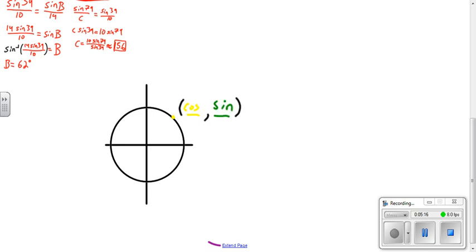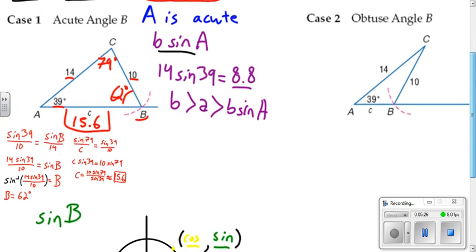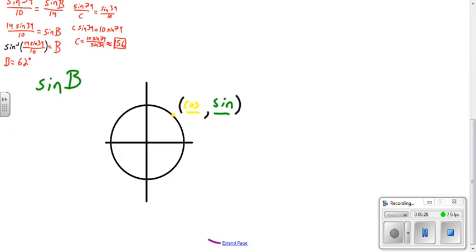Now, if we wanted to know the sine of B, and again we're looking at B because our first case is where B was acute, our second case is where it's obtuse, so we want to look strictly at B. The sine of B, which in this case is the sine of 62, is going to come out to approximately 0.88. We would say 62 comes to about there. So we'll use that as our point.